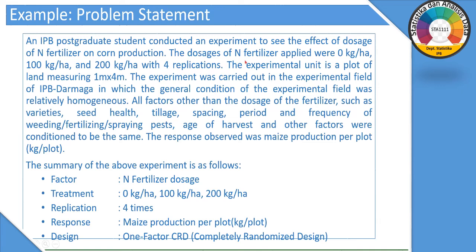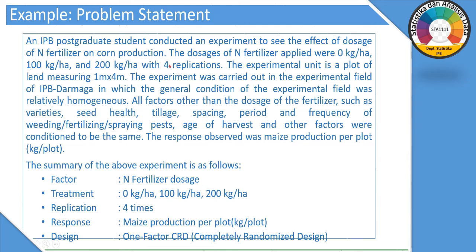The dosages of N fertilizer applied were 0, without any fertilizer, 100 kilograms per hectare, or the third level, 200 kilograms per hectare, with 4 applications. So as you can see here, the levels are 3: 0, 100, and 200, with 4 applications.